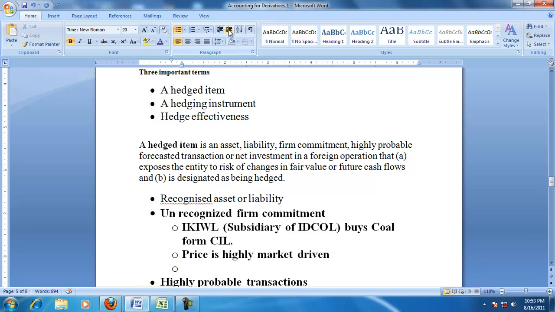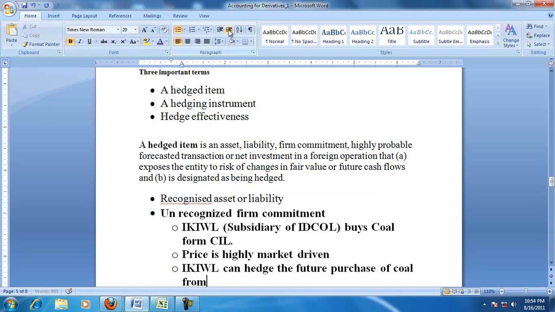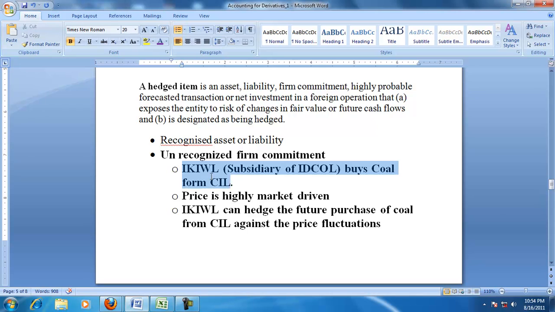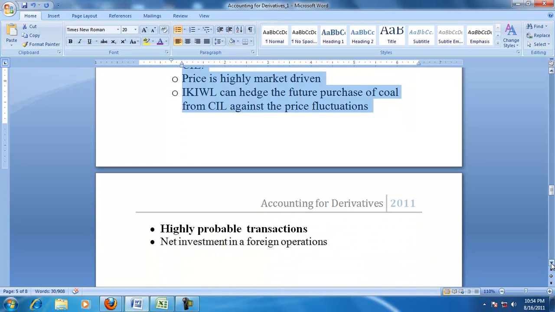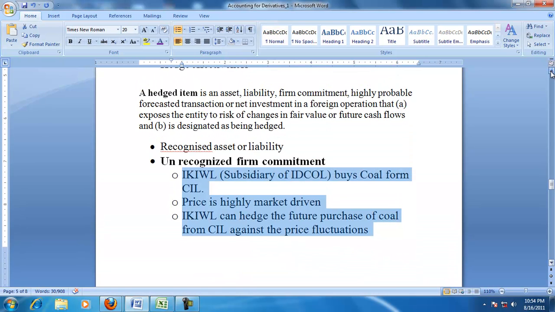So KIW can hedge the future purchases of coal from CIL against the price fluctuations. KIW has not done the transaction yet. It's an unrecognized firm commitment, or it can be treated as a highly probable transaction. So these transactions also can be hedged.